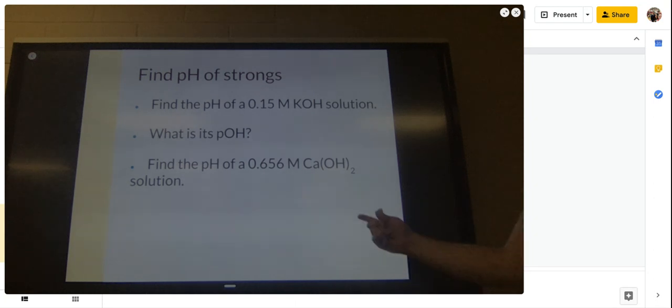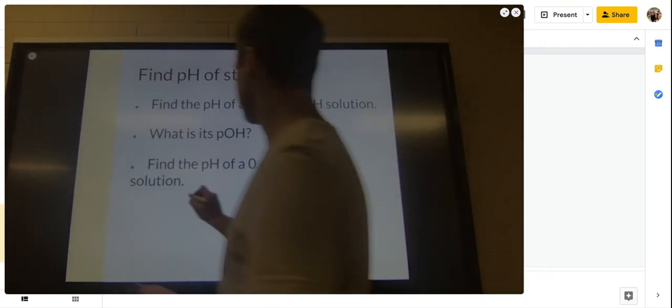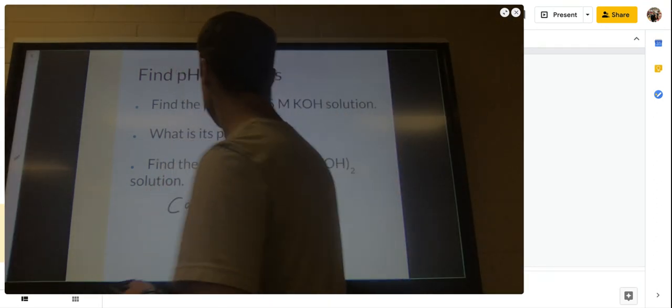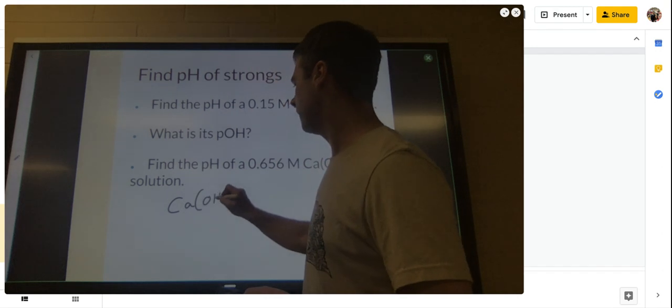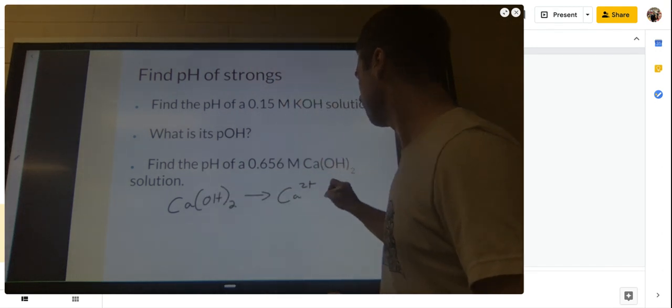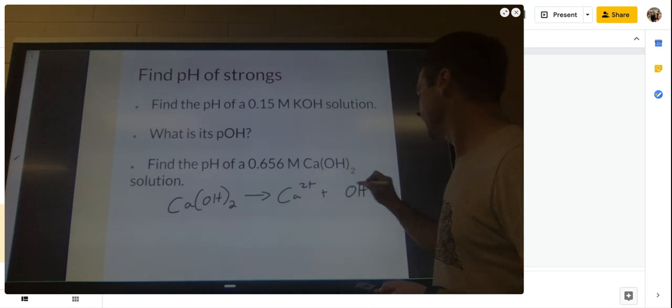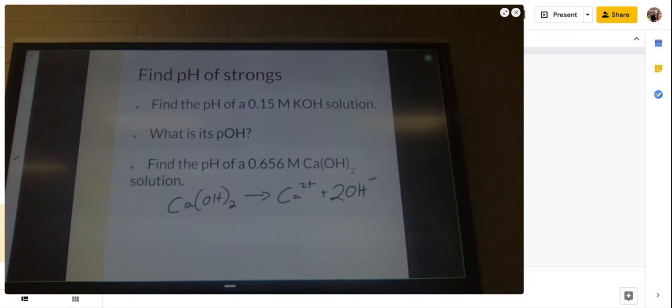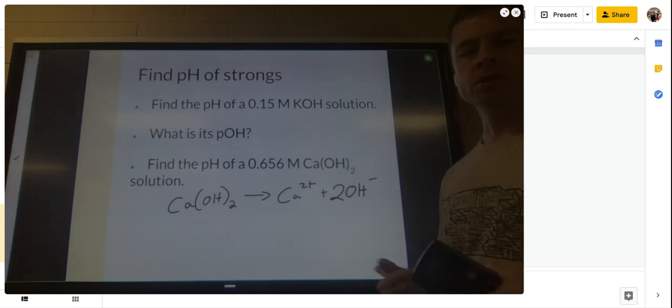Okay. Last one here, find the pH of a 0.656 molar Ca(OH)2 solution. So here's what I want you guys to notice. This is a little bit different than the previous one because of this move right here. What's different about this guy is that instead of just one OH, you get 2.